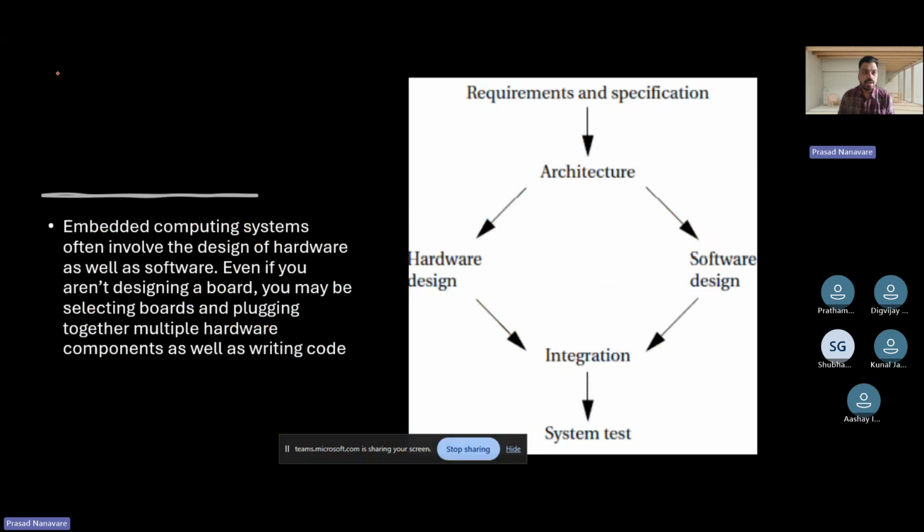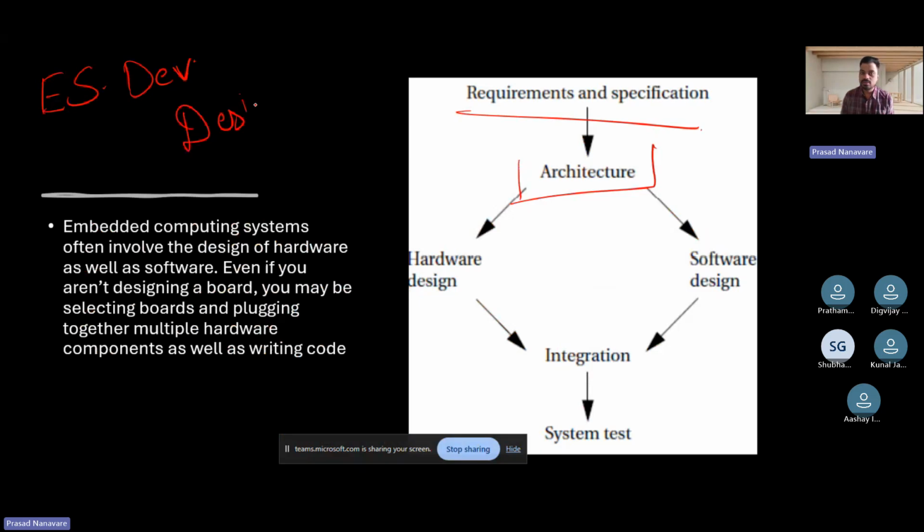Then how actual embedded system development looks. This is how it looks. Basically the requirement and specification phase, and after that architecture, in which we are just designing the system, maybe on paper.